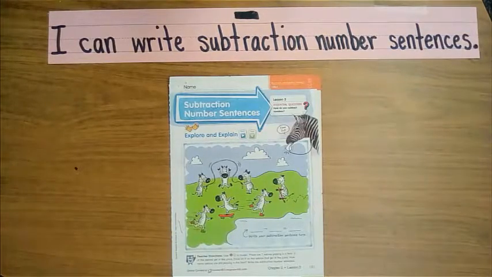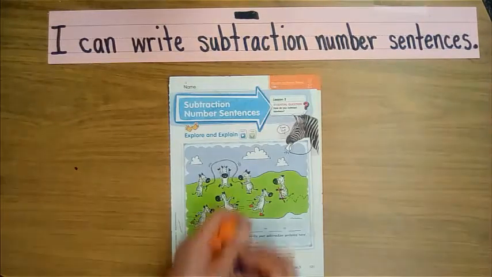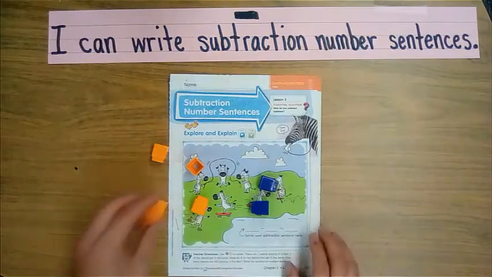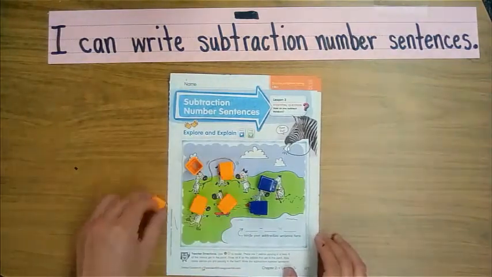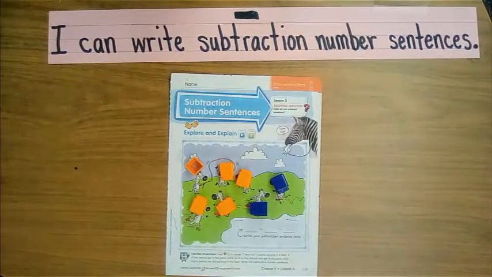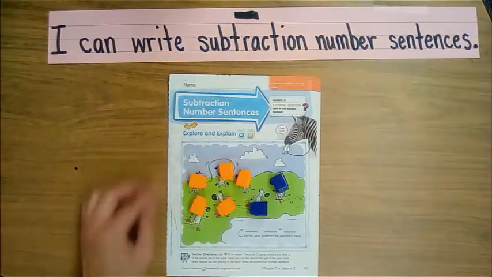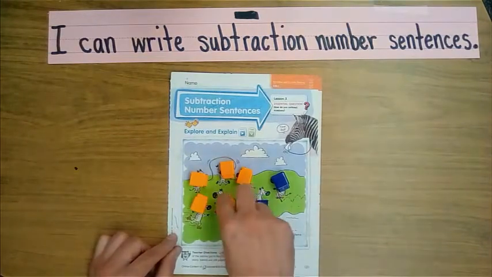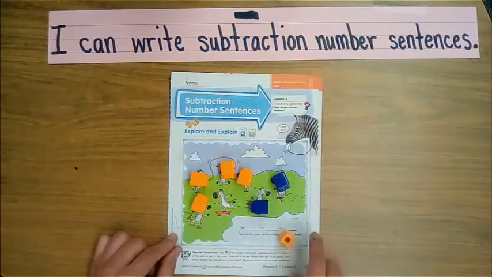Now it says to draw an X on the zebras that get in the pond. Well, let's see here. So I'm going to do this with my blocks first, just so I know what I'm doing.